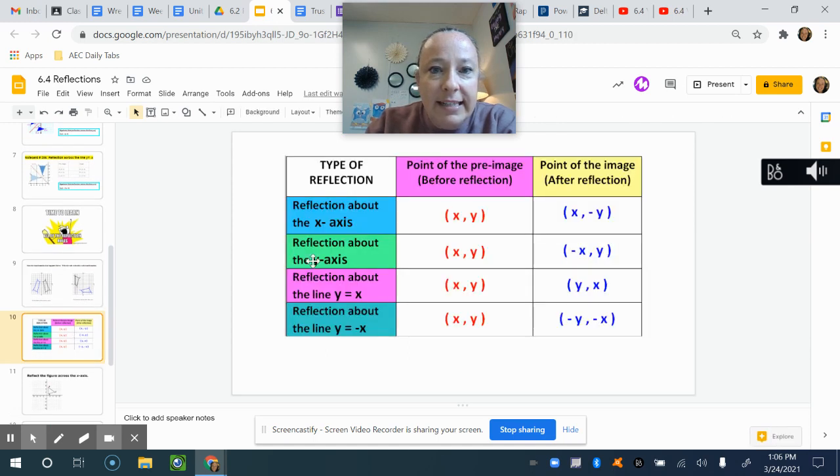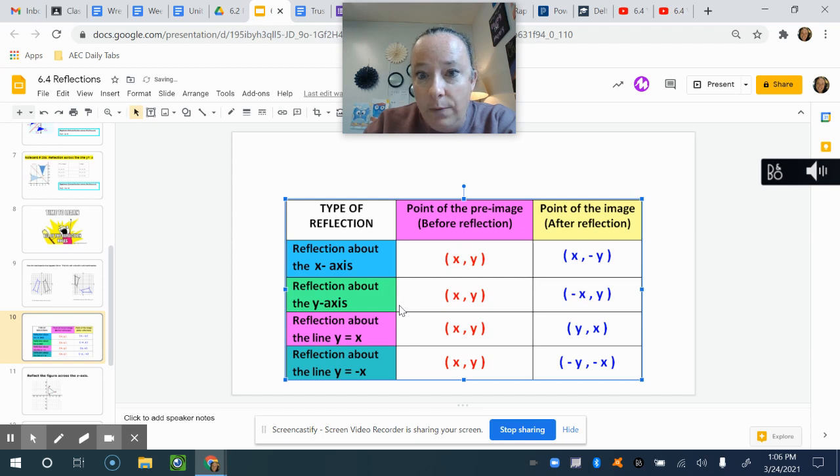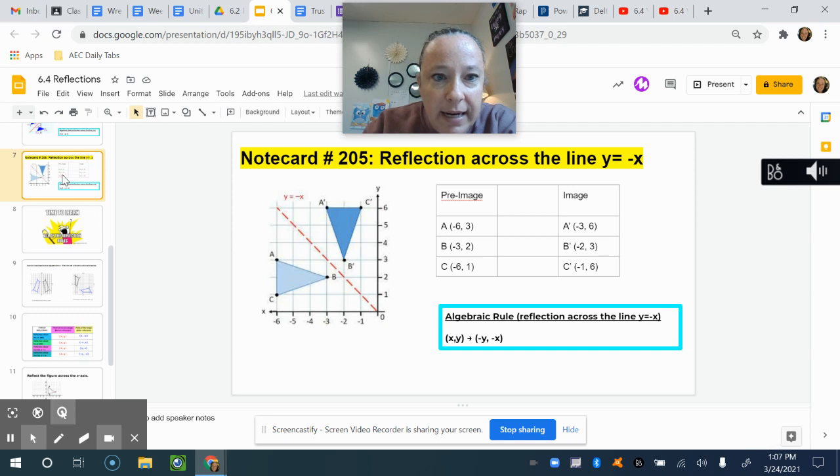Now here is a slide of all of the rules put together that you're going to need to know. So I am going to make this a note card.